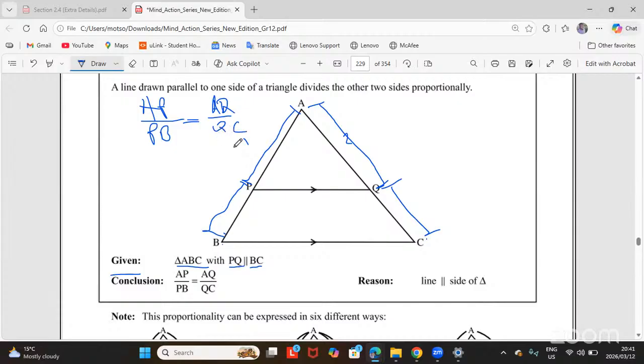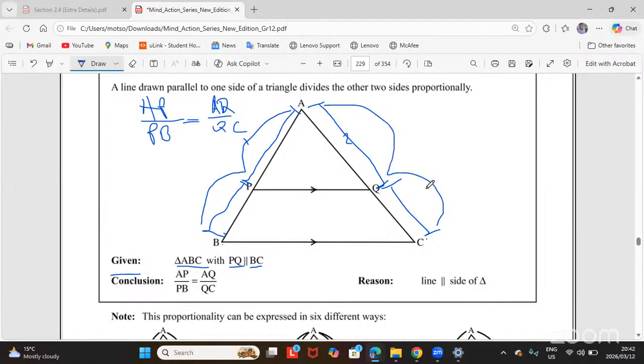So remember, in Euclidean geometry, a statement is accompanied by reasoning, because if you don't put the reasons with your statements, you're not going to get the full marks. Every statement you put in Euclidean geometry needs to be accompanied by some reasoning. So this is our statement: AP over PB is equal to AQ over QC.